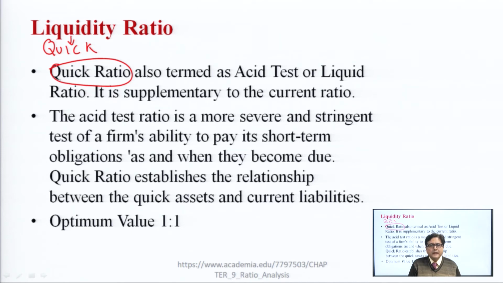The acid test ratio is a more severe and significant test of a firm's ability to pay its short term obligations as and when they become due. It establishes the relationship between quick assets and current liabilities. We leave out the items which are not quickly transformed into cash. The optimum ratio is 1:1, as the current ratio is 2:1.